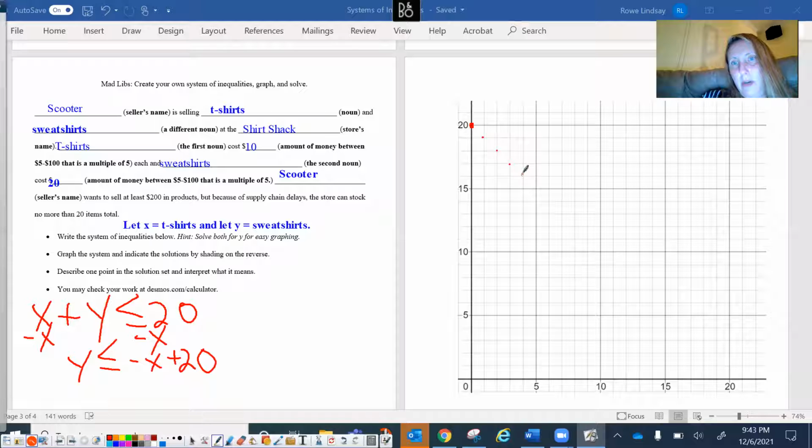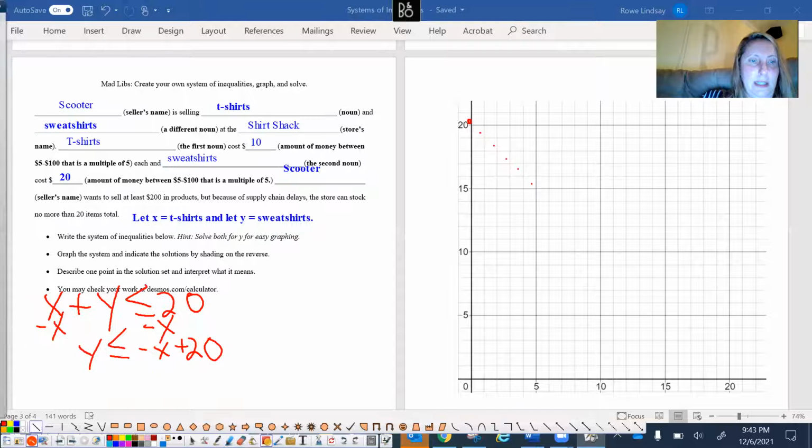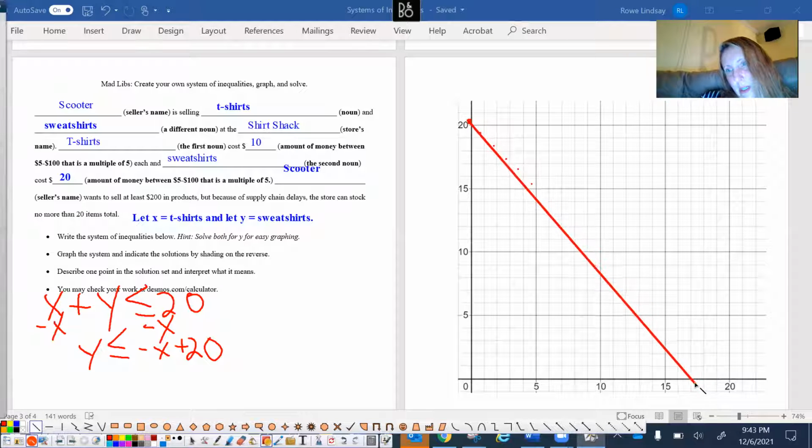And then I'm just going to select each point. I'm going to go down one and over one, down one and over one, down one and over one. Okay, now let's take our line tool and I'm going to draw that line. Here we go. Down one and over one, down one and over one. And graph it.